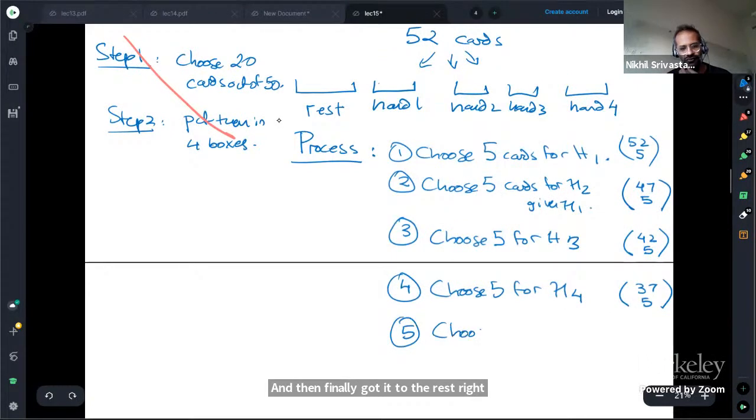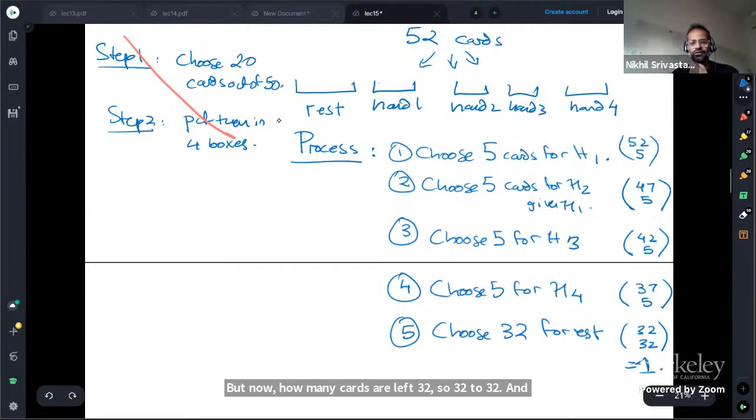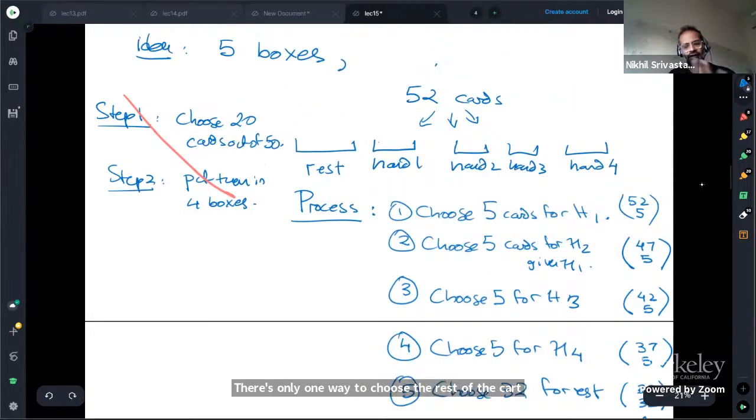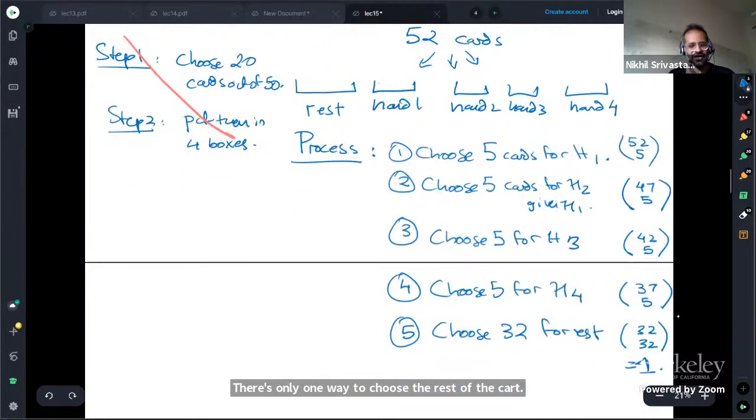So this is choose 32 for the rest. But now, how many cards are left? 32. So 32 choose 32. And the reason I did the rest at the end is that this is just 1. There's only one way to choose the rest of the cards. So while your suggestion was correct, it turns out to be nicer to choose the rest of the cards at the end, because you don't care about them and they're uniquely determined after you choose the cards that you're actually going to deal.